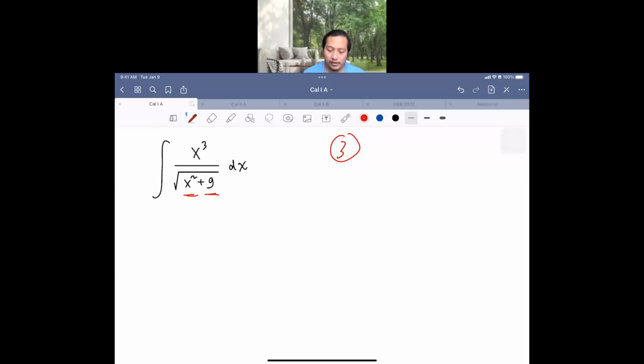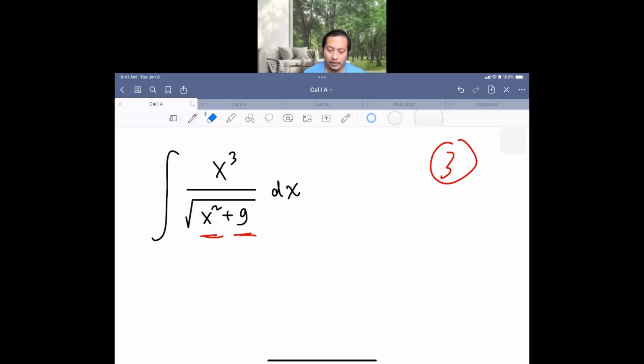And remember that this trigonometric substitution does not always work. If you see any square root and then some squared plus something, it does not always work, so you need to look at it more generally. Perhaps you can try integration by parts or the substitution method, but usually when we have an obvious choice for trigonometric substitution, we first try substitution. But here we have x cubed and x squared.